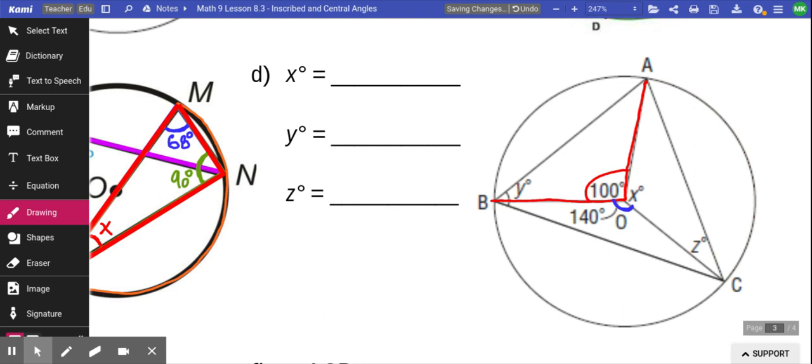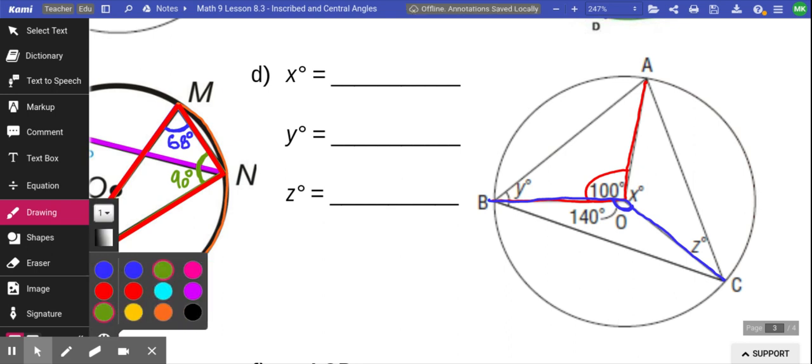That's the angle created from going B to the center out to C over there. Perfect. I do have a third one, but I don't know what it is. This is the third one right here, X, this third central angle. And that's the central angle that would be created by going from A to the center to C.